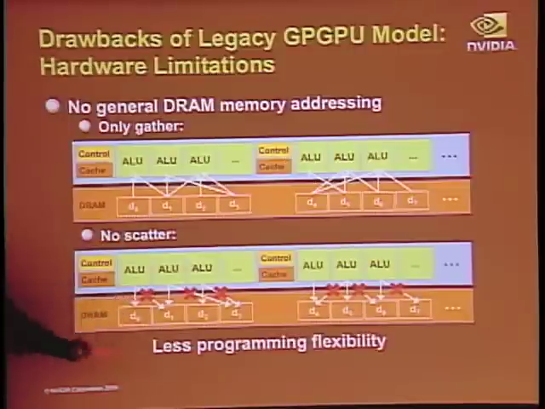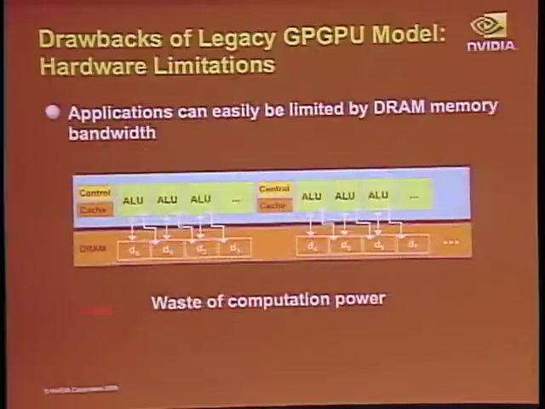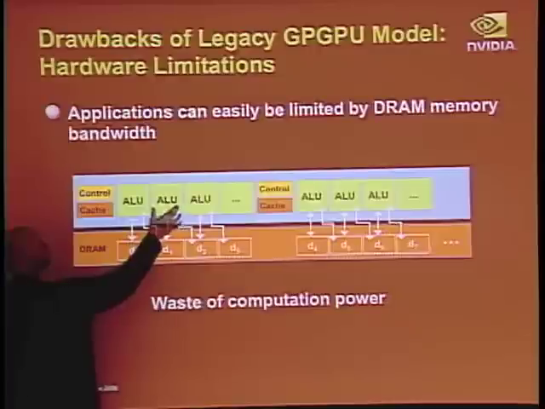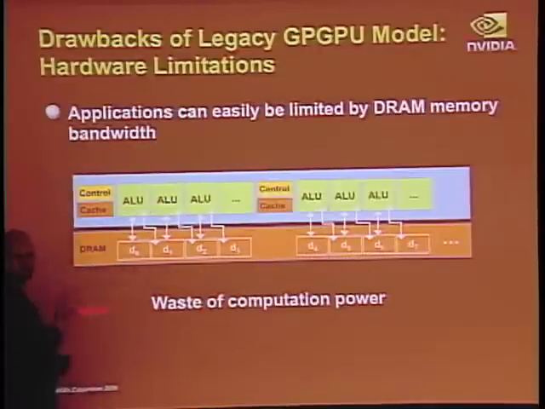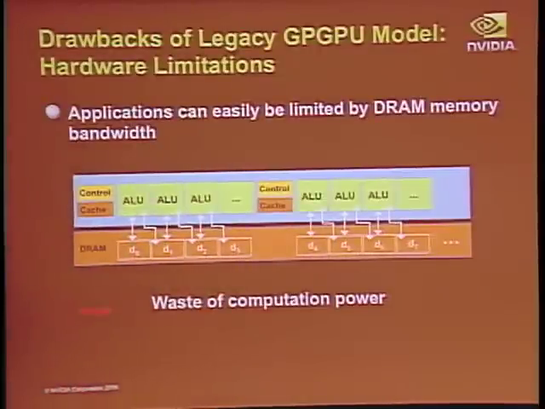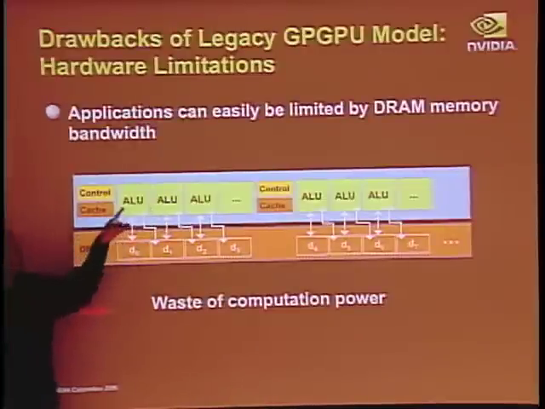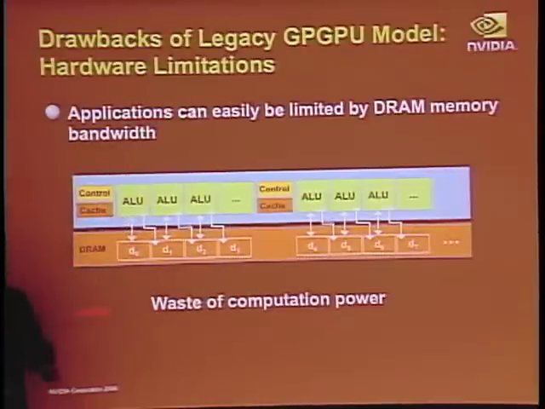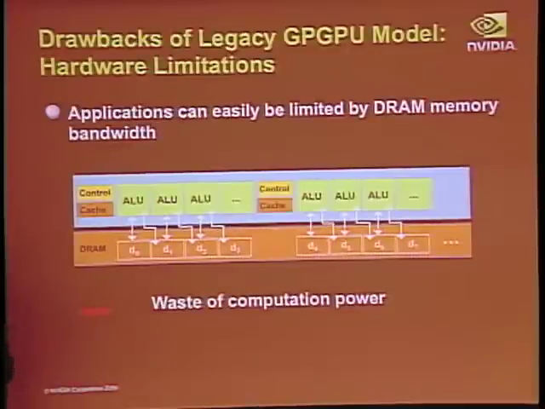So that's sort of a drawback. Another thing is, what happens when you have all these different ALUs and you want them to communicate? You compute something here, you compute something here, and you want those two guys to talk to each other. You want him to have his value and him to have his value. What you have to do in traditional GPGPU is finish an entire pass, write everything out to DRAM, and start another pass of the graphics pipeline.